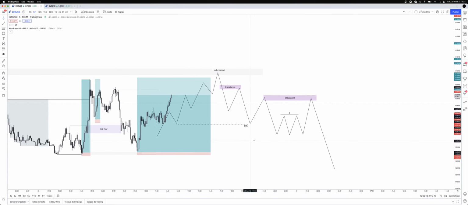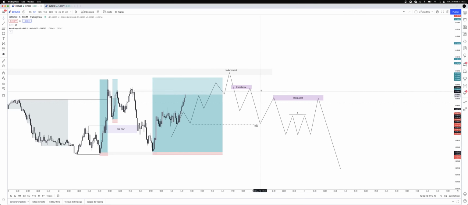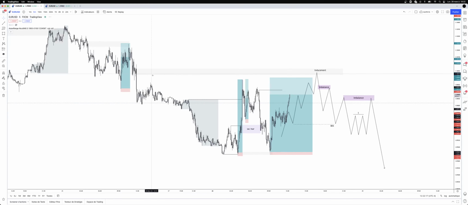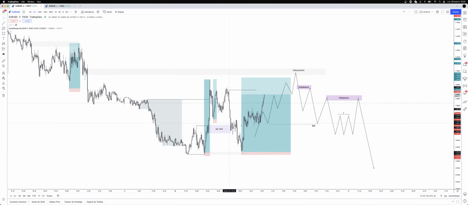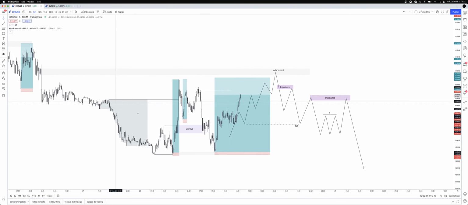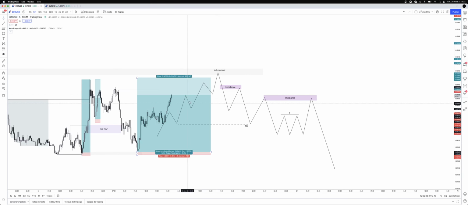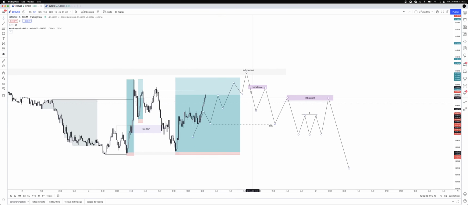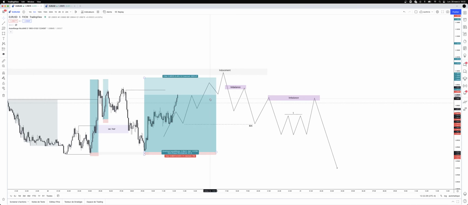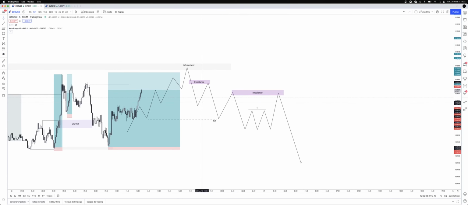I love to share this with my members to explain, because this POI is unmitigated and we have some liquidity above. So I think the price will consolidate on the Asian session, create an inducement, then a fade to break or shock, and after that we can enter on confirmation entry on imbalance, because we have a POI inside the imbalance, and after that a confirmation on the major break of structure.